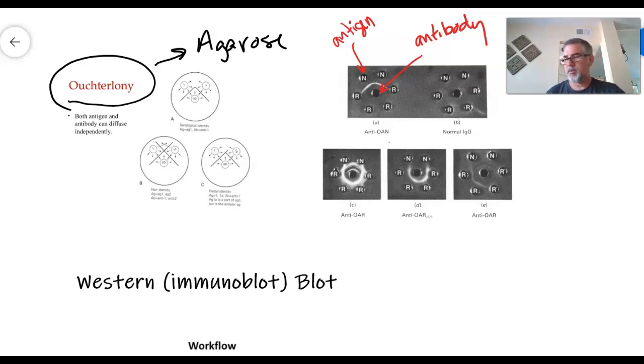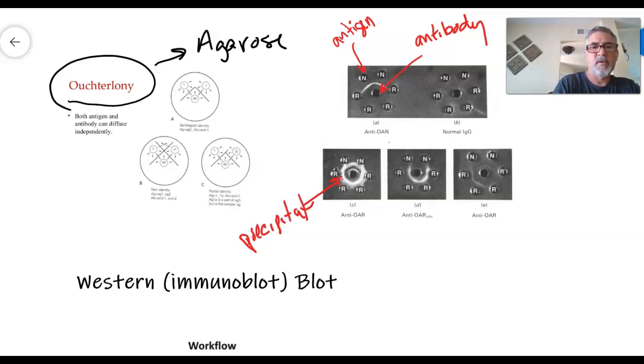And where they meet, if an antibody meets an antigen it wants to bind to, it causes a precipitate. So this is a precipitate line. The precipitate line indicates a positive reaction.